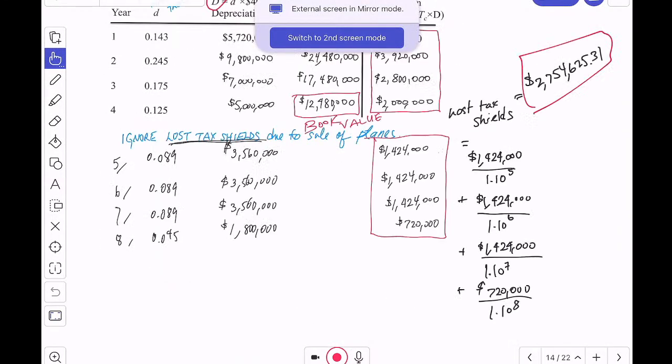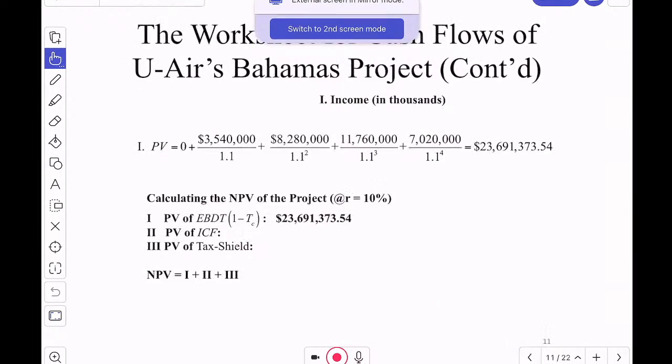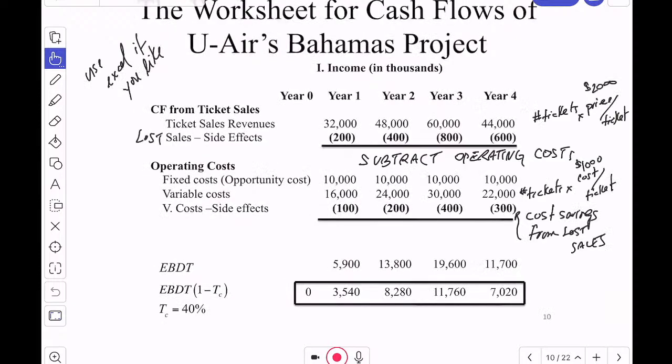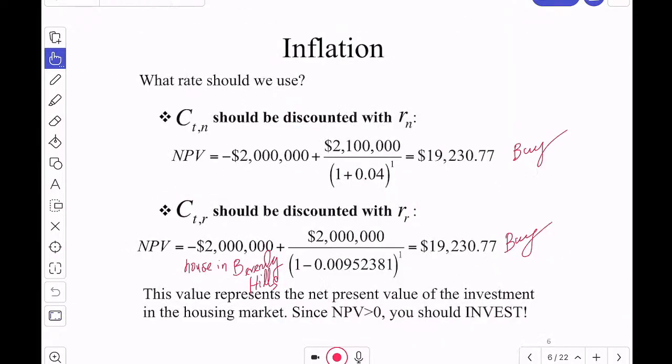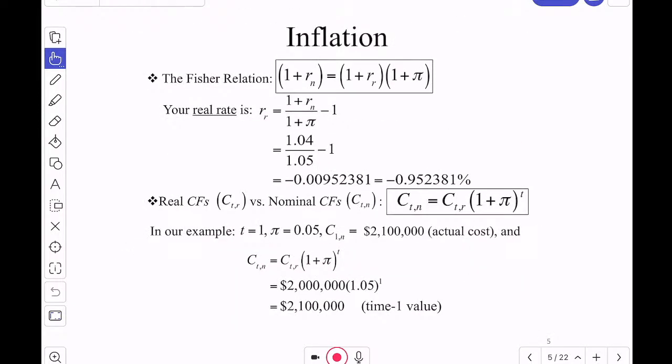You can get it from these notes here. At the beginning, you need to use this formula. This converts real to nominal cash flows. Okay, so that's how you would do that.